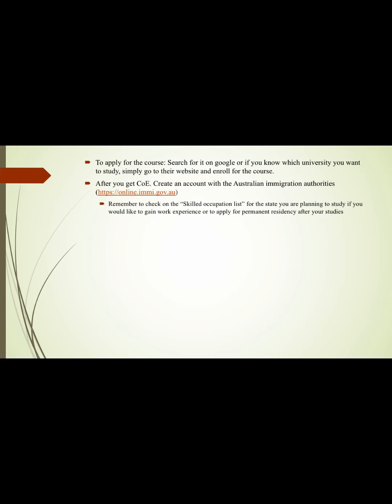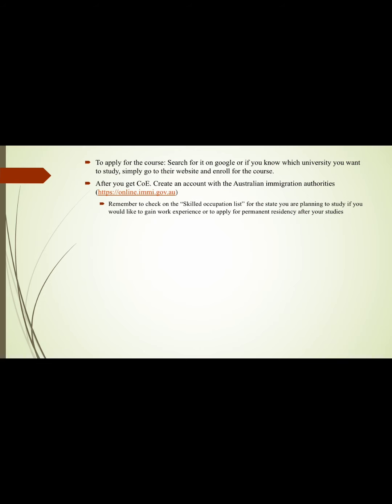Just a hint as you're applying for admission. When you are checking out the courses, depending on where you're going, like your state, you can always check the skilled occupation list for that state as well, because that list contains all the courses that Australia has in demand.